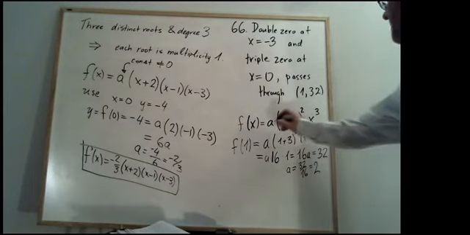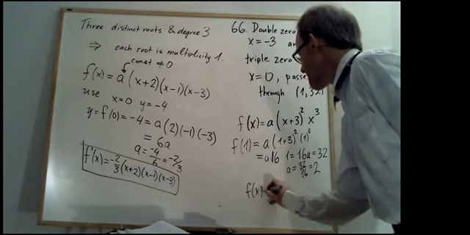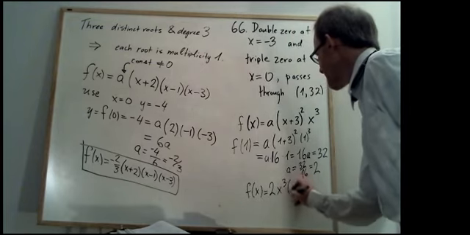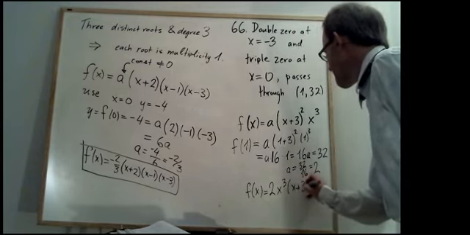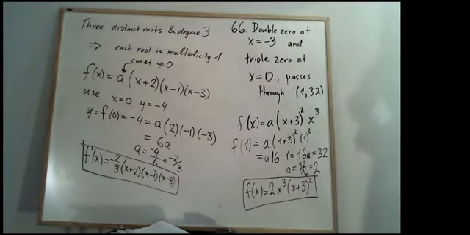So a equals 2 is the factor in front. So I write it all out. y equals 2x cubed, I can put that factor first, times x plus 3 squared. Okay.